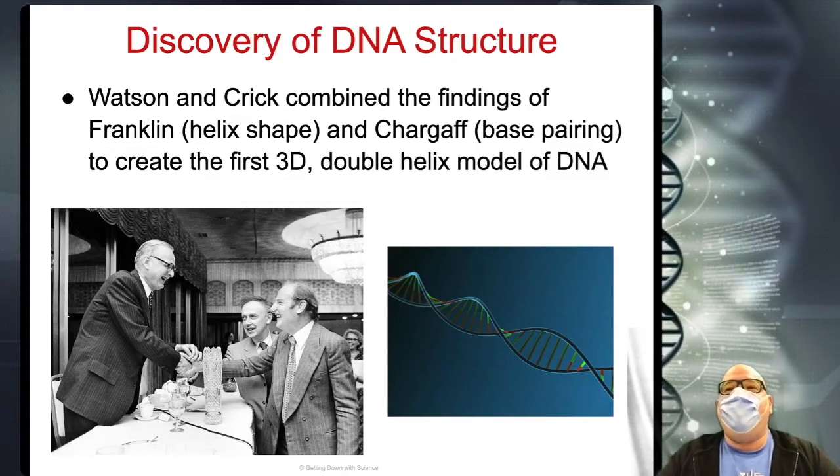So they were able to create the first 3D model of DNA. Very big deal. Very complex molecule. They worked out its structure using their knowledge of the individual bases. Okay? So we have the shape, and then we have the base pairing. All that goes together to give us this picture here.